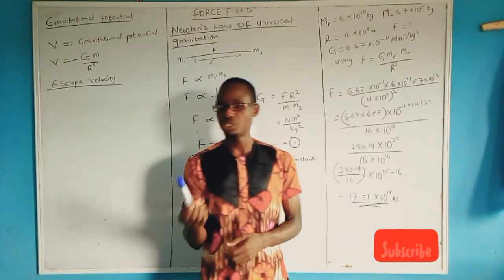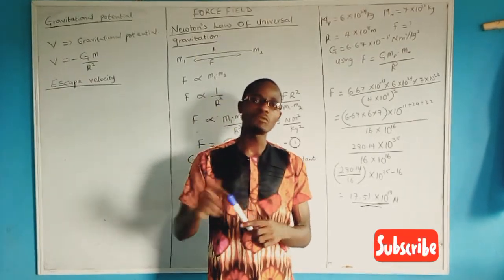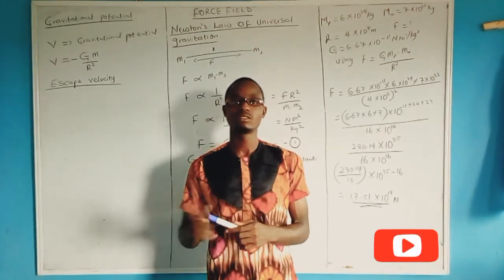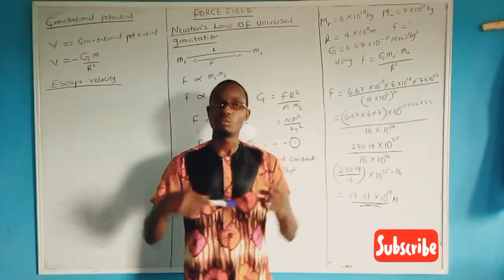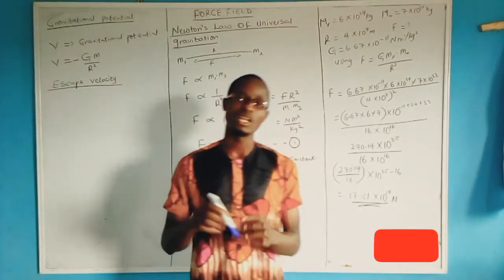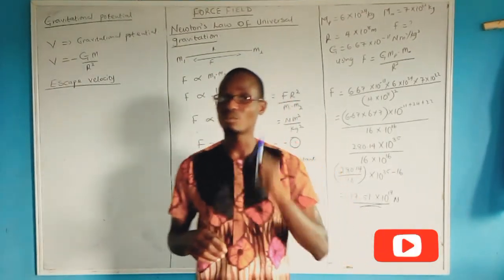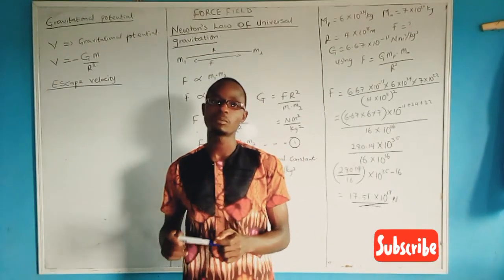But what speed can I throw this at, to the extent that the gravitational force will not be able to act on it until it gets out of the earth's crust and moves into space? So that particular speed that is given to a body for it to escape the gravitational force and move out of the earth crust is referred to as escape velocity.